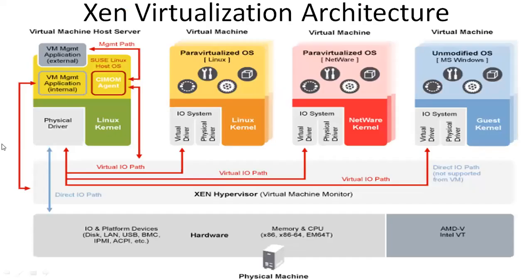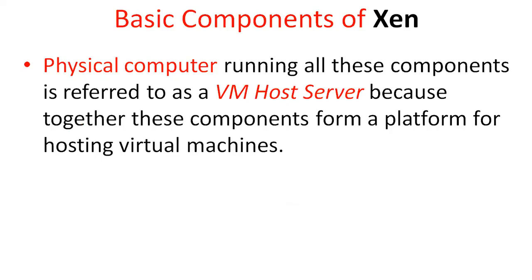If you see the left hand side, this is called the virtual machine host server. It is para virtualization, not full virtualization, because together these components form the platform for hosting virtual machines. It forms a platform for hosting different virtual machines. That is the main important thing.